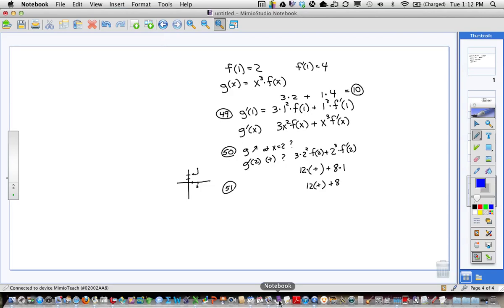Okay, finally, 51. Estimate g double prime of 1. What do we have to do to get g double prime? We have to do another derivative.